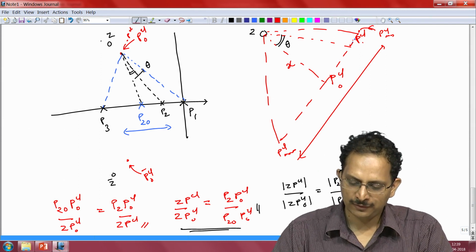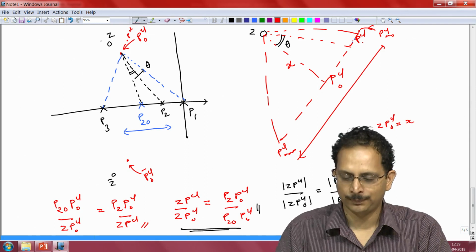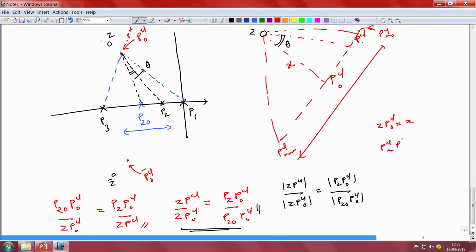Hence, if we have Z PCL naught equal to x, we would have PCL min PCL max divided by P3 P1 equal to Z PCL naught divided by P2 naught PCL naught.